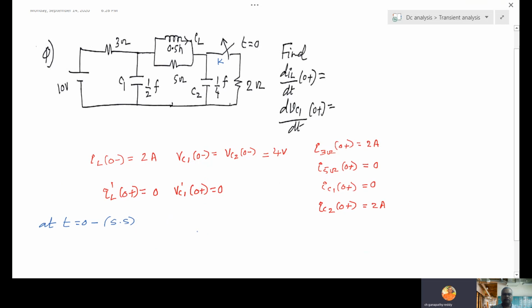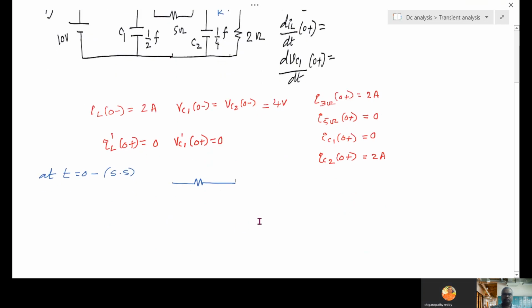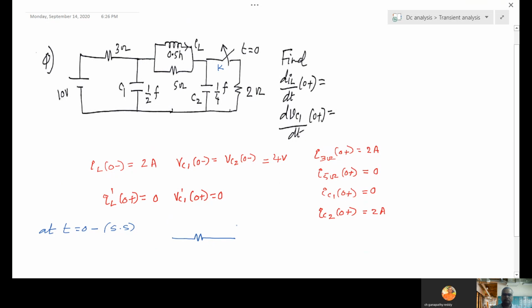So accordingly you can draw. Switch is opened at t equal to 0, but at 0 minus the switch is closed.